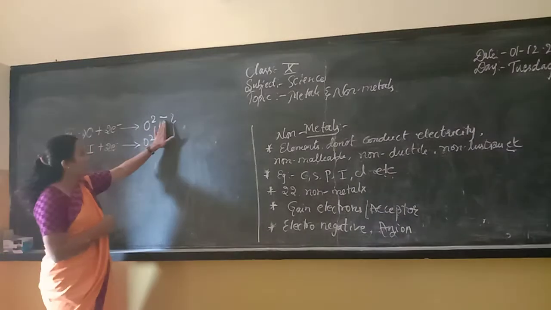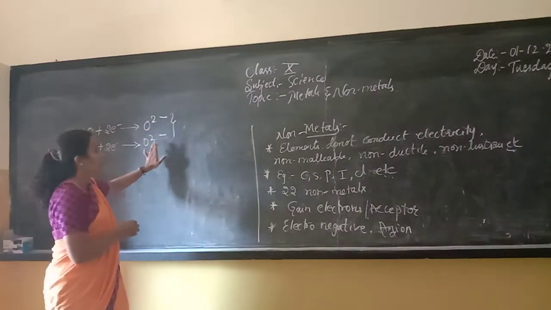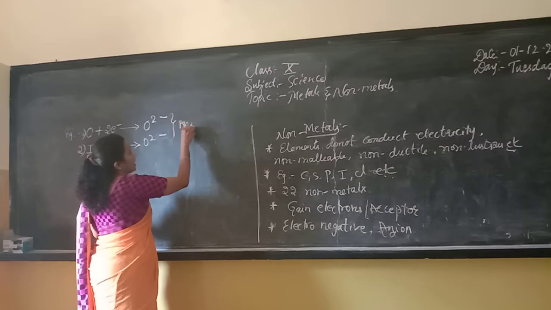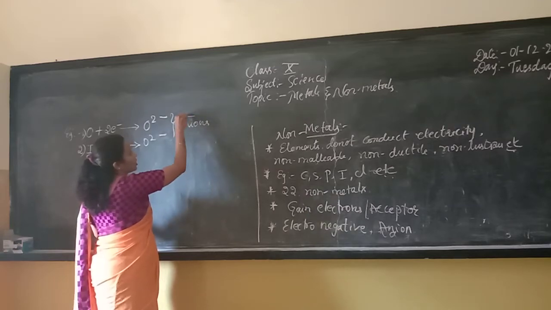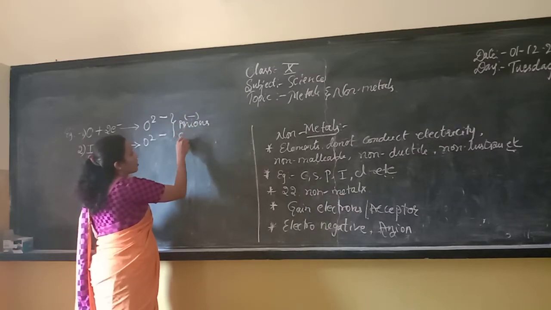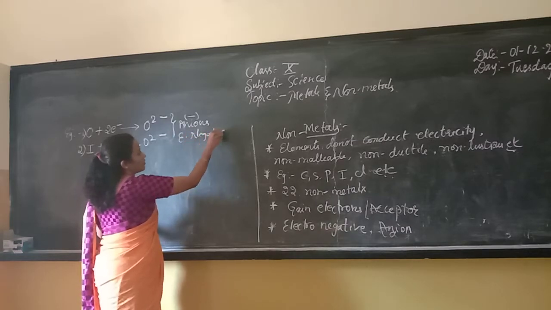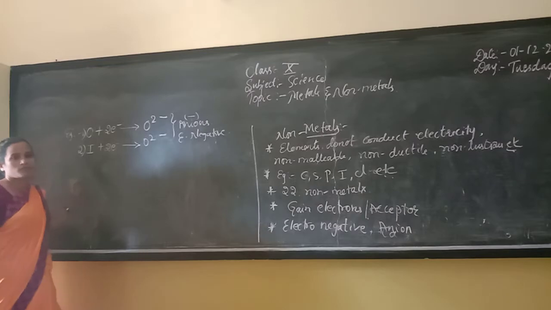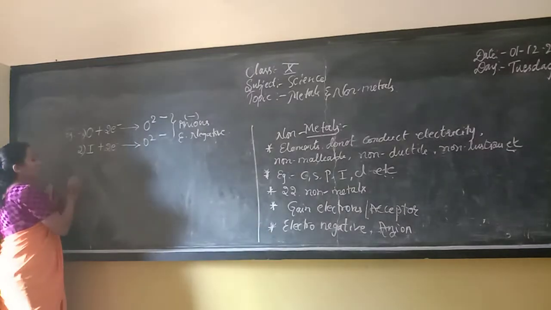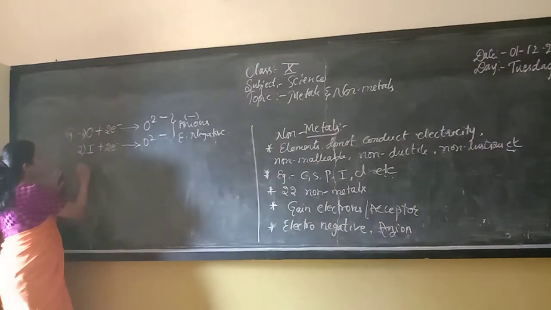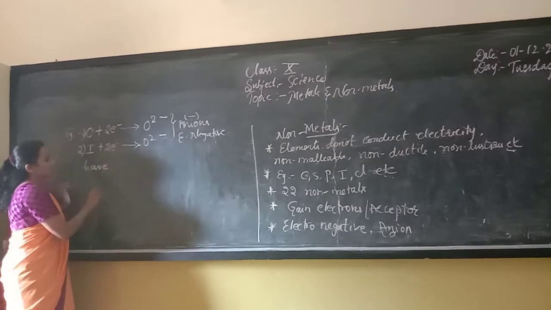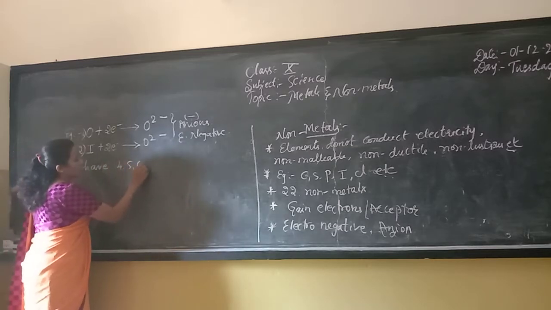That's why they carry the negative charge, so they are called anions. Negative charge is always considered as anions, or electronegative. Non-metals are electronegative.